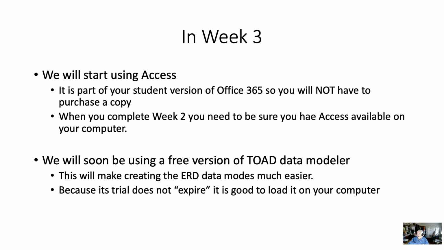And we're soon going to be using a free version of the Toad Data Modeler. This will be creating the ERD data models, and it makes it fairly easy. I want you to be sure and use the trial version that does not expire. It's good to load it on your computer, and I'm going to show you now how you get to that.